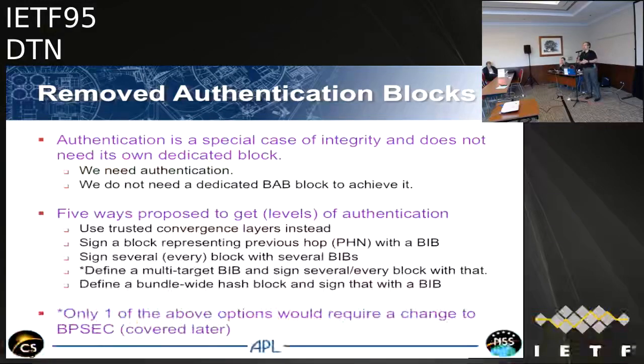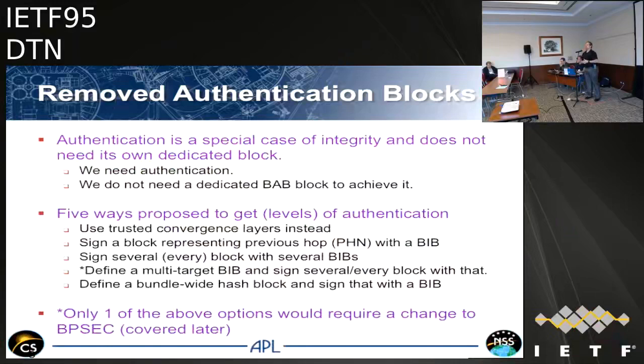Certainly, another and perhaps more heavy-handed thing to do is to put a BIB on every block that's in the bundle, primary block, payload block, and every extension block, and look at those and evaluate them hop by hop. That would certainly give you per hop authentication in everything in the bundle. The fourth way is something that we're going to talk about towards the end, which is a question that came up.